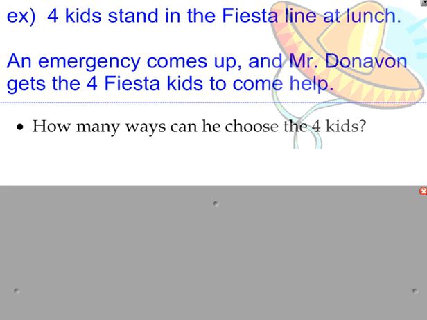All right, so here's my situation. I got 4 kids standing in that Fiesta line again at lunch. An emergency comes up, and Mr. Donovan gets all 4 of those kids to come help. How many ways can he choose those 4 kids? He's just randomly grabbing them all. We're headed to the emergency. So we got 4 kids, and we're picking all 4.